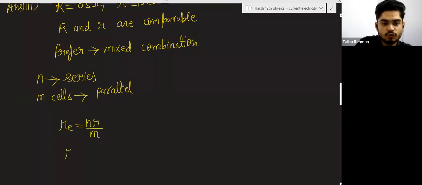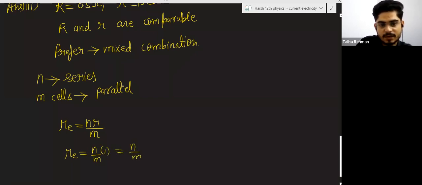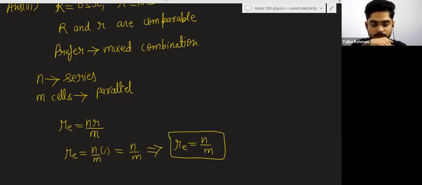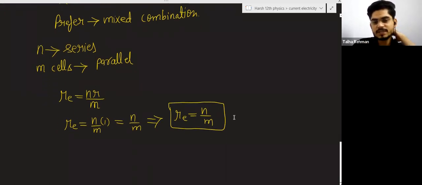So R equivalent, we don't know n, we don't know m, but we know R, so this will become n by m. So R equivalent we have n divided by m. And total internal resistance R equivalent we can calculate.